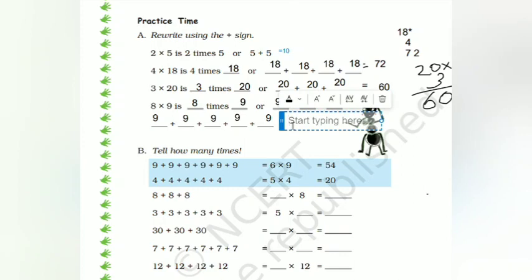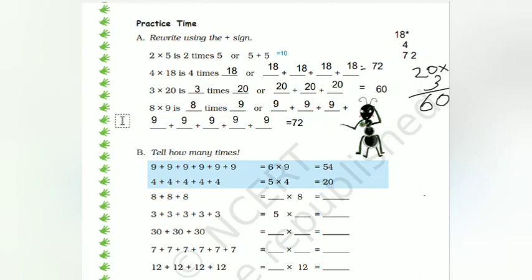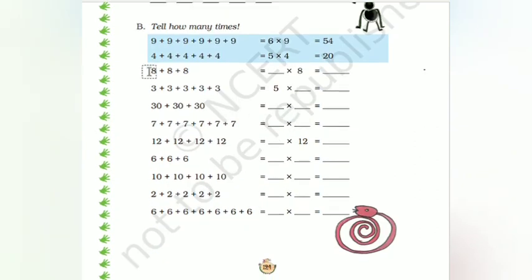That will be equal to 72. 8 into 8 means 64. 8 into 9 is 72. So 8 times 9, 9 we have to write 8 times. That answer is 72.